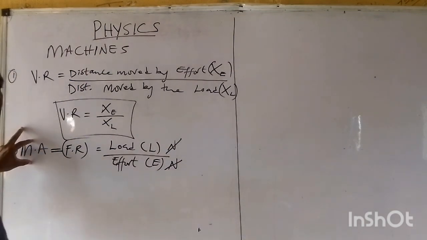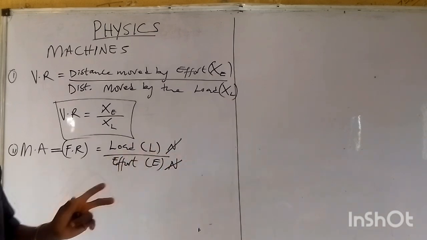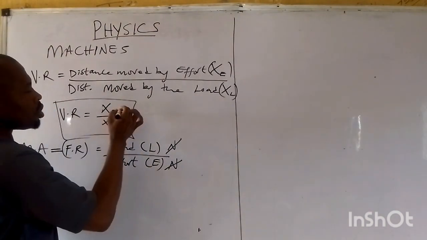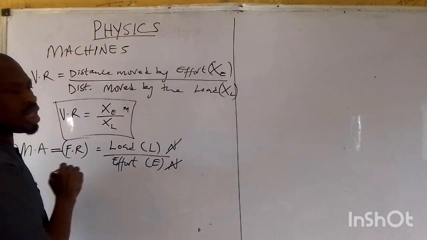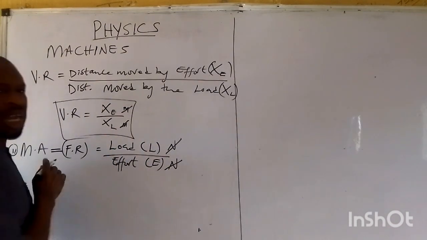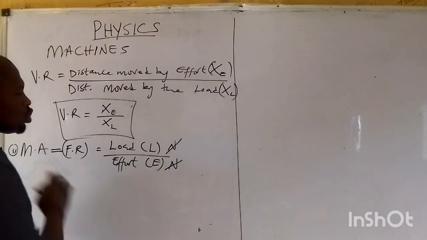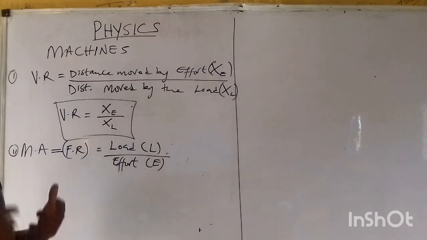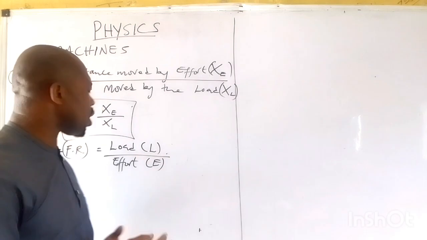The distance moved by the effort is measured in meters, and the distance moved by the load is measured in meters. Because of that, meter can cancel meter. So both the velocity ratio and the mechanical advantage are dimensionless because they don't have an SI unit.